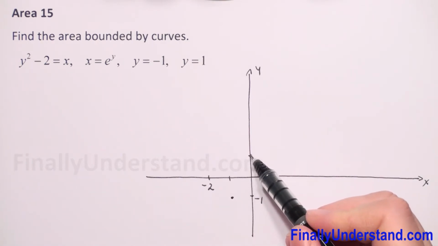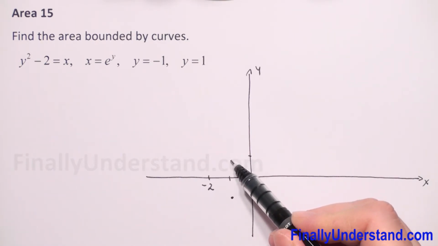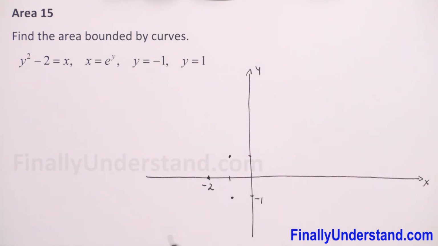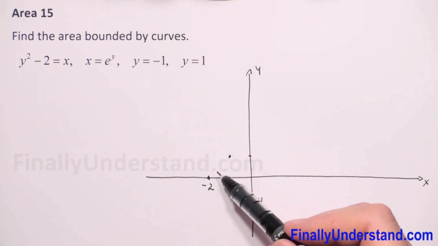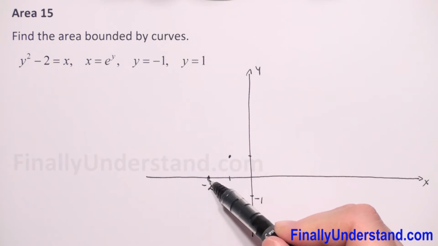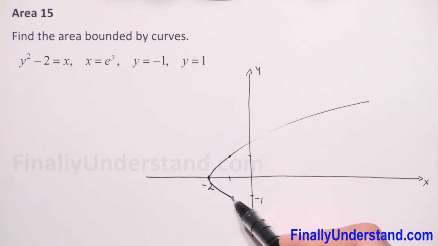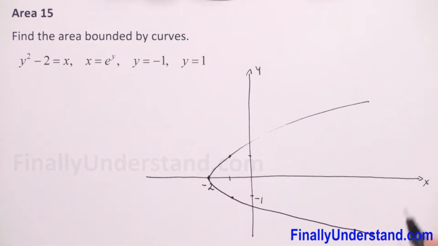And for 1 it will be the same situation, negative 1. Our parabola is symmetric about the x-axis, so we can draw our parabola. This is y squared minus 2 equals x.